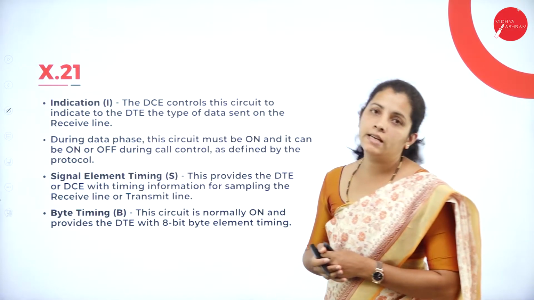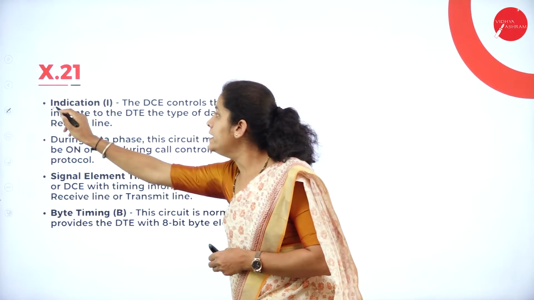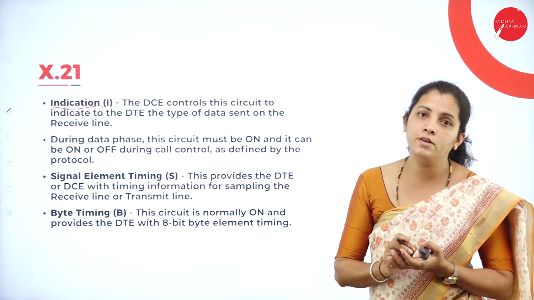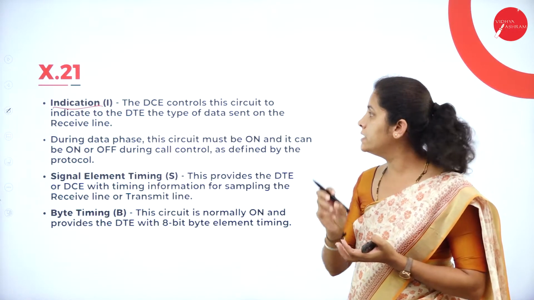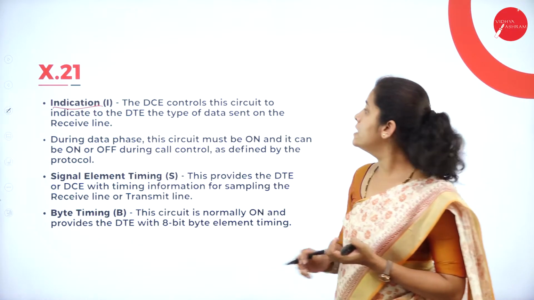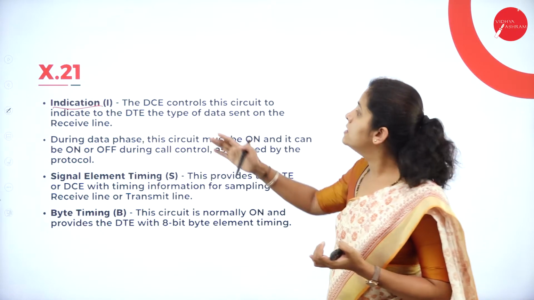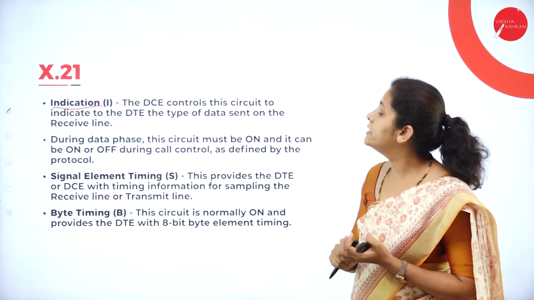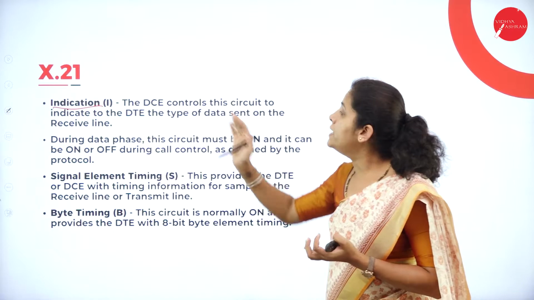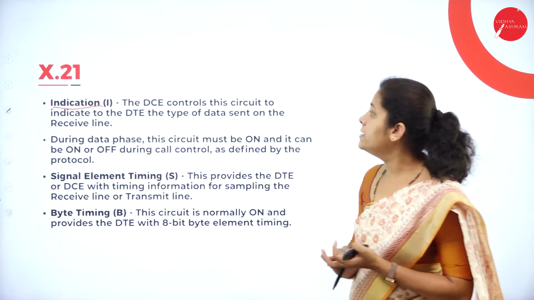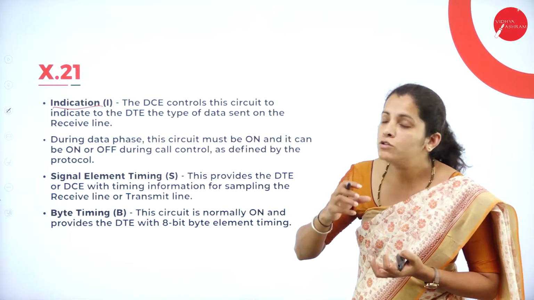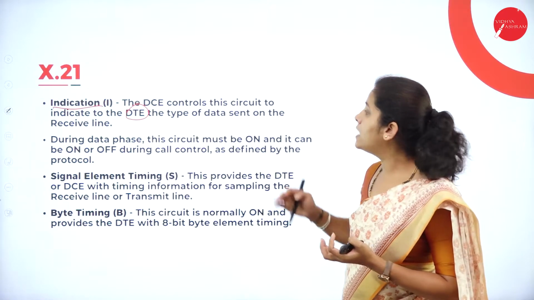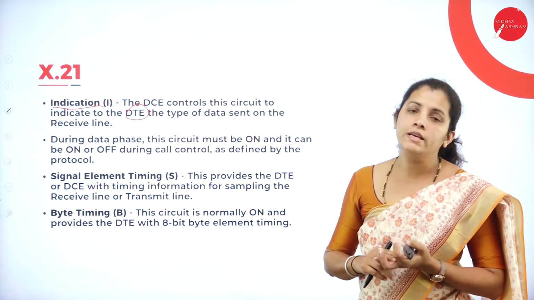Moving to another type of signal, here is indication. That is mainly used to indicate the data transfer between DTE and DCE. Here the DCE controls this circuit. That means if the indication signal is on, it indicates that the complete circuit is controlled by the DCE, and it also indicates to the DTE that the data is sent by using the receive line.